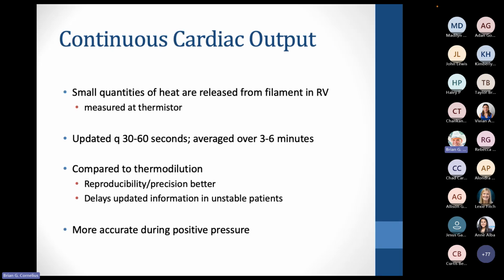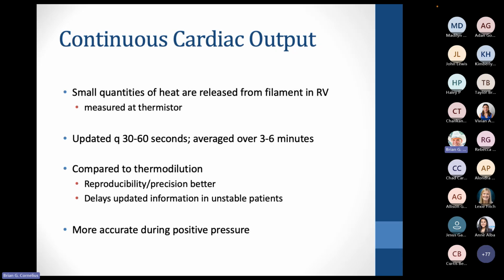So the solution that was come up with after that was continuous cardiac output devices. This still uses a thermistor, but instead of having fluid, it just releases heat. It's going to heat that blood with a little wire in the right ventricle, and then it measures the temperature change. So you're not having fluid instilled, you're just having a temperature change from the catheter.